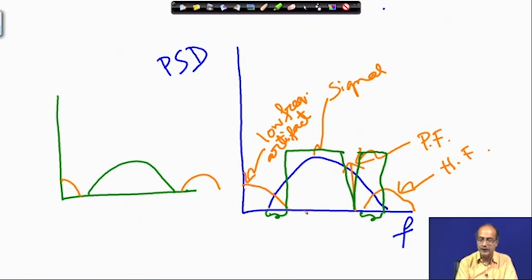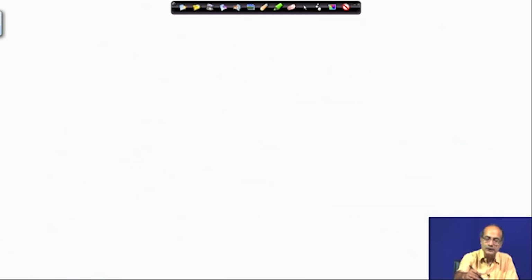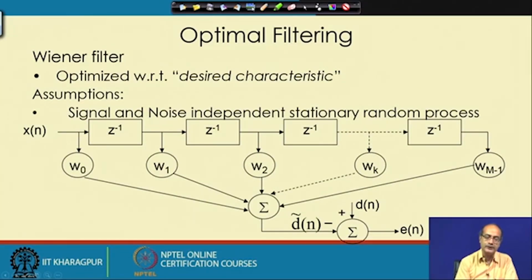Because here we cannot simply say that if I select it here, we can avoid all the noise energy without sacrificing the signal energy. Our goal should then be to get as much of the signal energy as possible, but as little of the noise energy as possible. Okay. So, that is the part where we can talk about optimality.